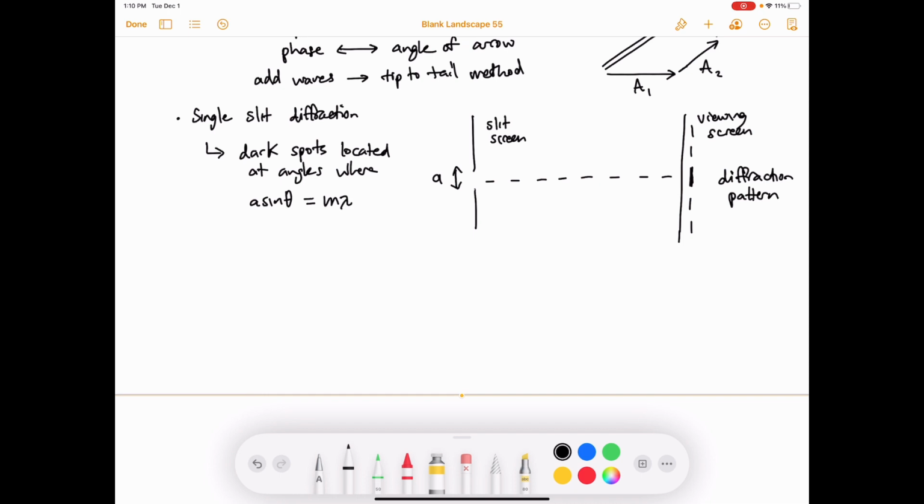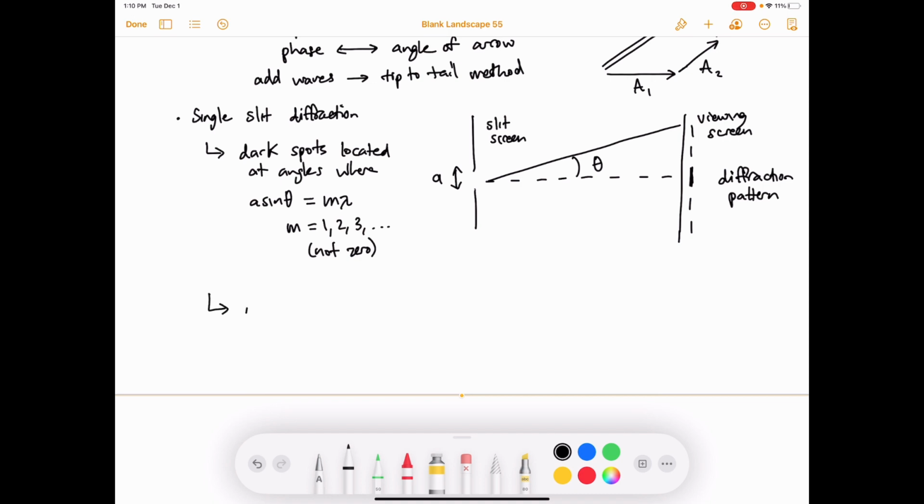So again, these are the dark spots. And m is equal to 1, 2, 3, and so on, but not 0. So 0 is not included in that formula. As before, we're talking about an angle theta measured off the center line like this. So that formula tells us where the dark spots will be located.